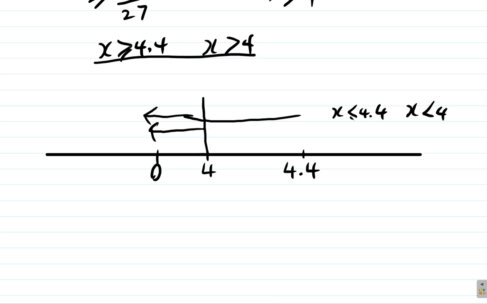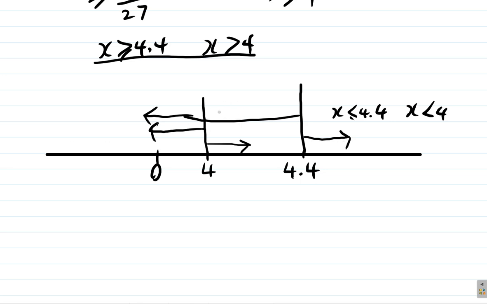Let's look at the other one. Greater than 4.4 and greater than 4. Greater than 4.4 means you're going this way, and greater than 4 means you're going this way. So here, any number greater than 4.4 should work.